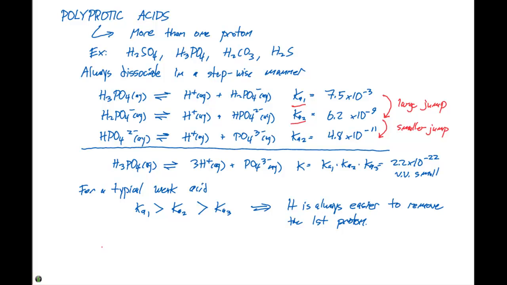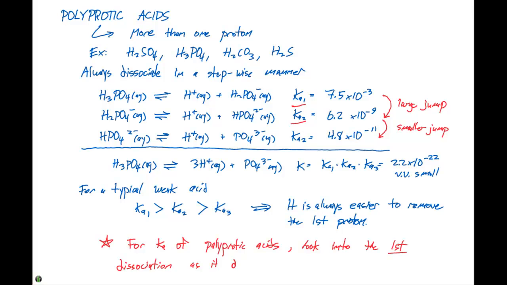So what we can look at here is, for the Ka of polyprotic acids, look into the first dissociation as it dictates the equilibrium concentrations.